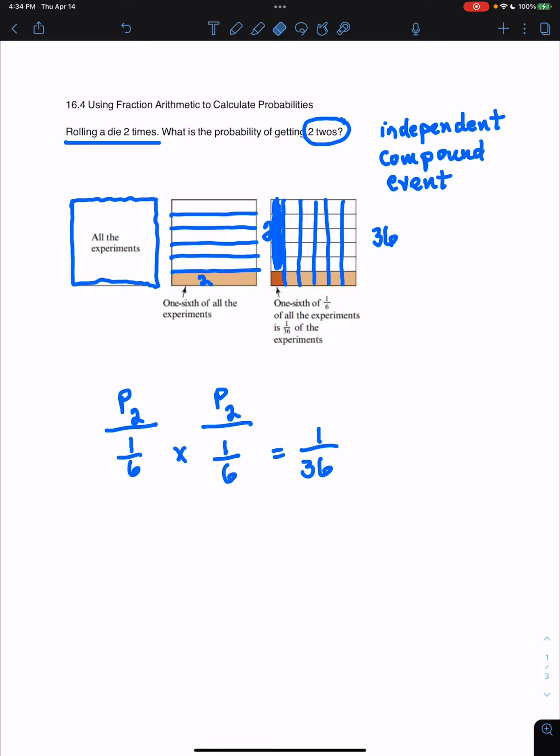But remember, we wanted a 2 for the first roll and a 2 for the second roll. So this intersection down here represents the probability of getting a 2 on our first roll and a 2 on our second roll, and it is actually 1 out of 36 boxes on this drawing. So that's one way to represent an independent compound event as fraction arithmetic.